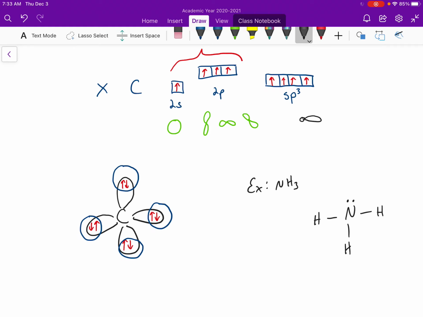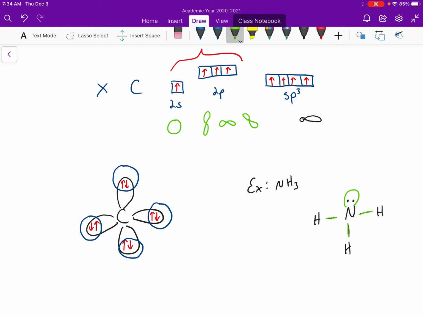It behaves, and I think you guys are realizing this in your lab, as if it were like methane because it has this lone pair of electrons that plays a role, that takes up the space just like a bond would. And so we end up with still 4 zones of electrons. And we see, again, equal distance, equal bonds, and so on.